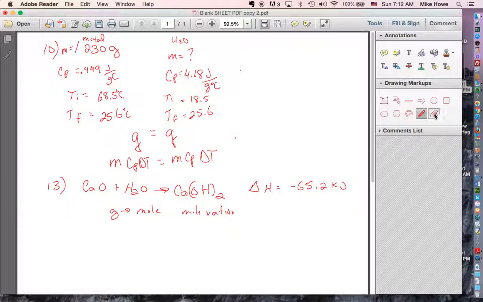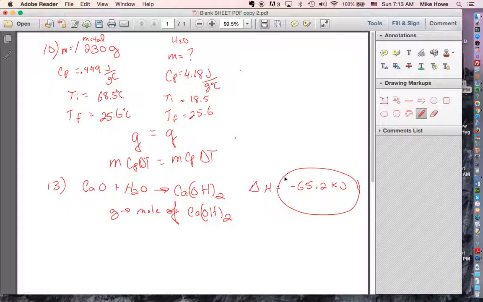All you really have to do is change to moles of calcium hydroxide. So grams to moles of calcium hydroxide. This many kilojoules is the energy change for this equation as written.